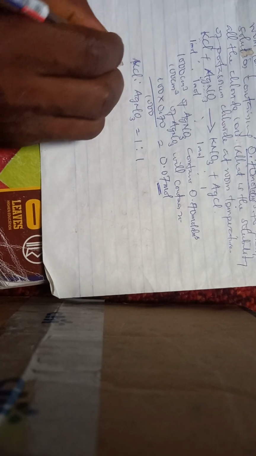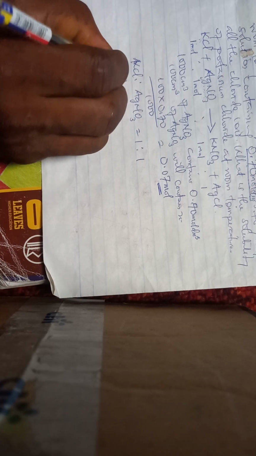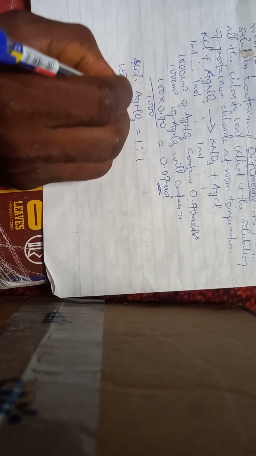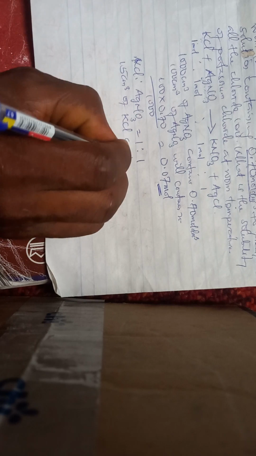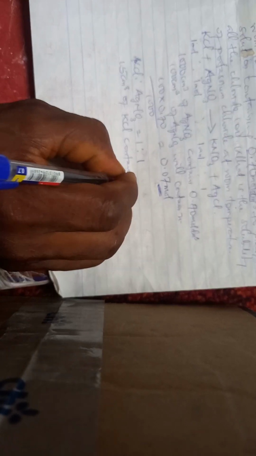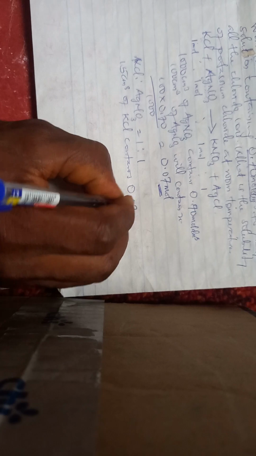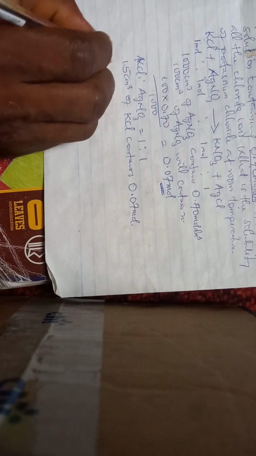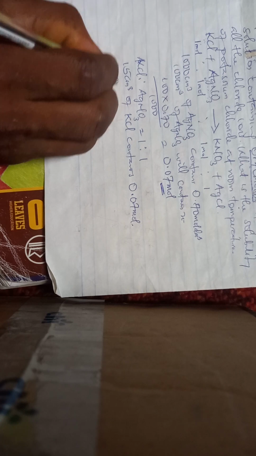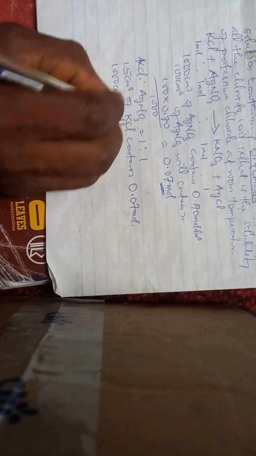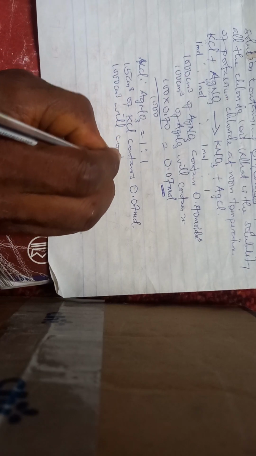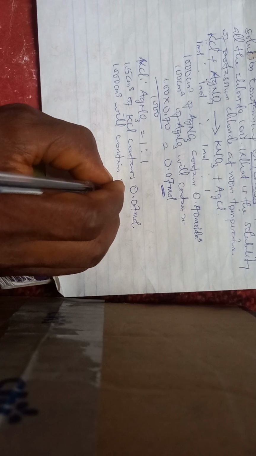So therefore we know that 15 cm cube of potassium chloride contains 0.07 mole. So 1000 cm cube will contain x mole per dm cube.